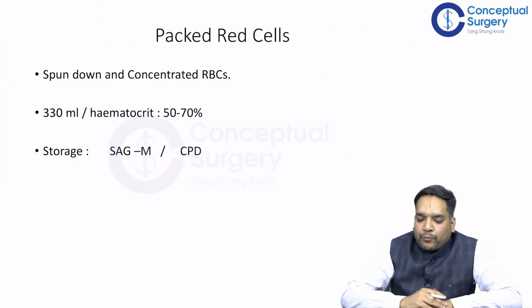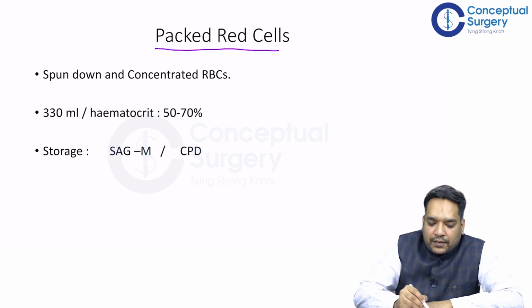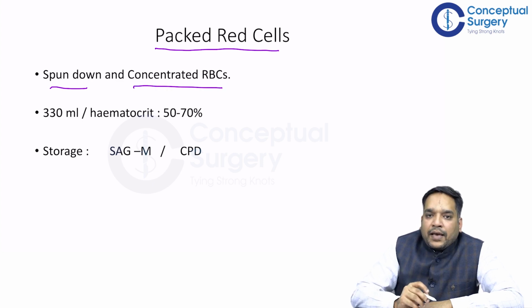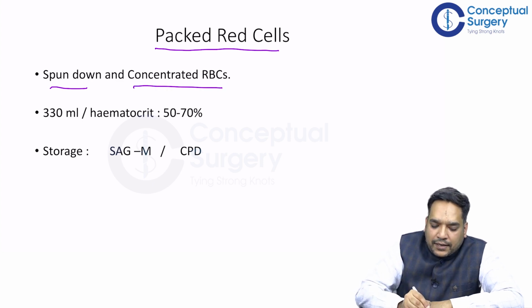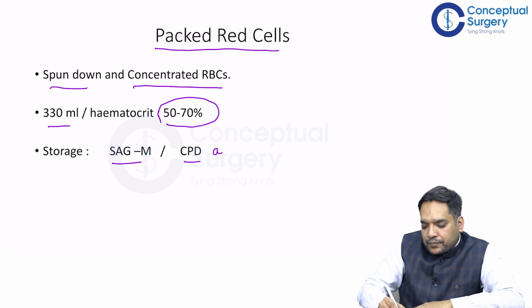The next component is packed red cells, right? Basically these are spun down and concentrated RBCs, and each unit contains 330 ml and the hematocrit value is 50 to 70%. These are stored in SAGM and CPD at 2 to 6 degrees Celsius.